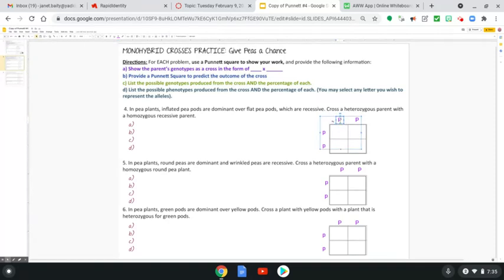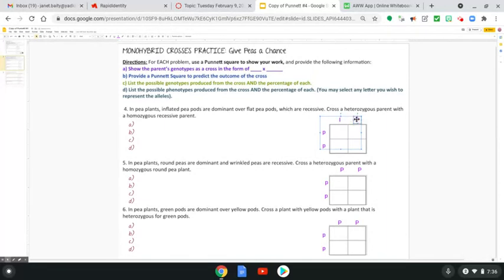So again, we're going to use a dominant I, and then we're going to get rid of this one.